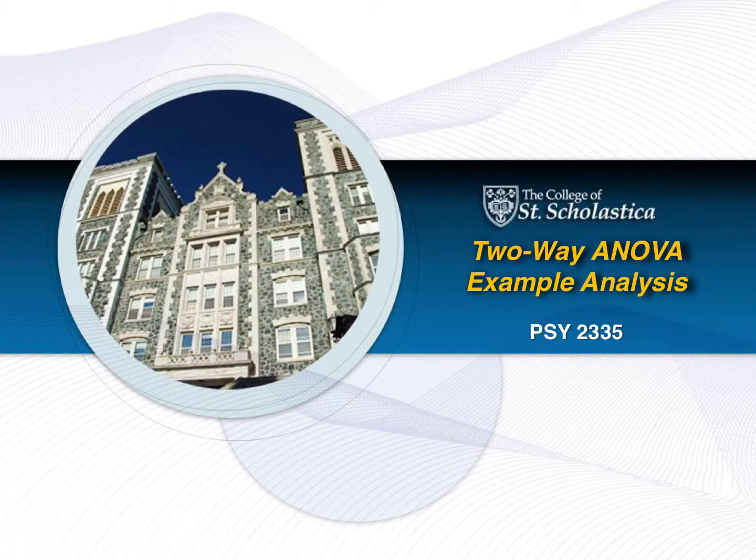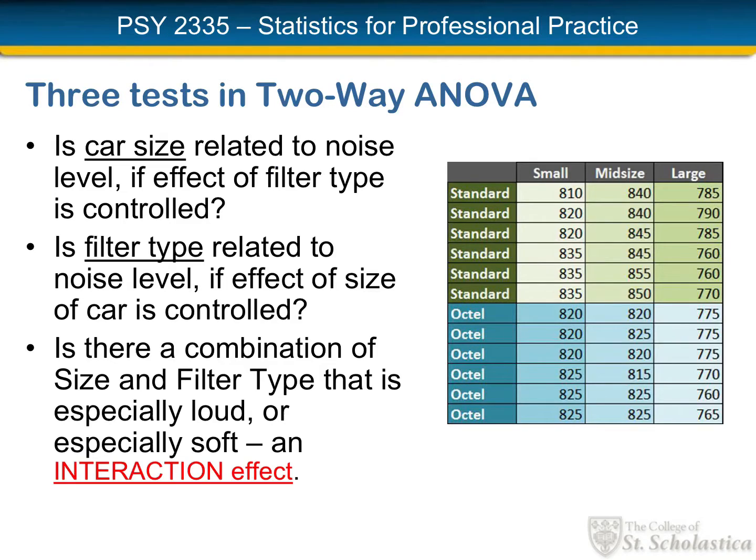real data set. At the very end of our last video, we looked at some data from the Texaco company that was in the process of putting out a new type of filter called Octel and wanted to compare it with the standard filter on 3 kinds of cars: small, mid-size, and large, and the dependent variable was noise.